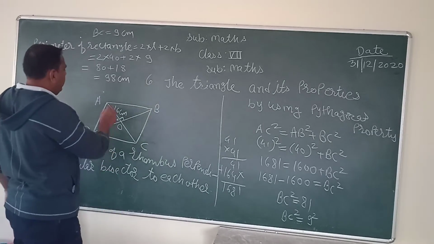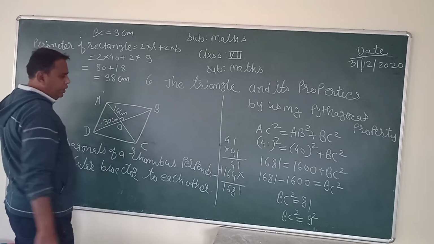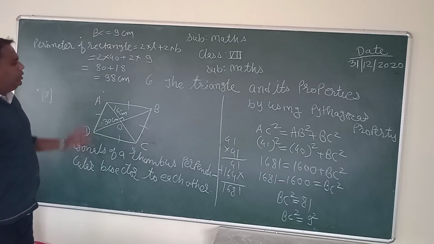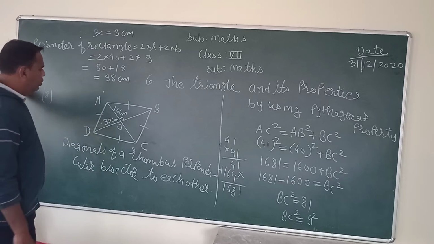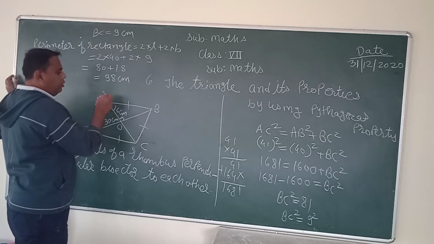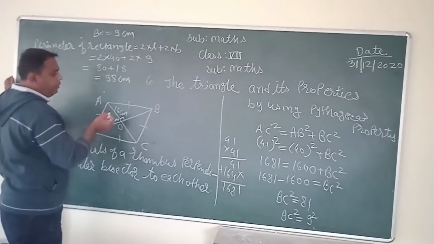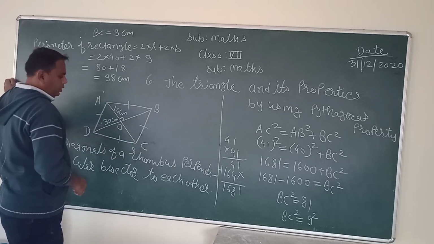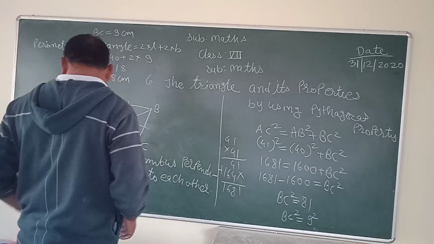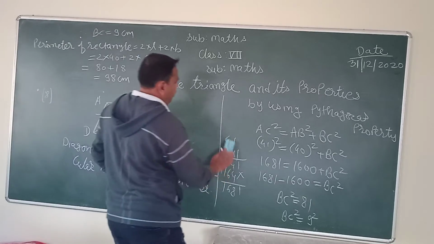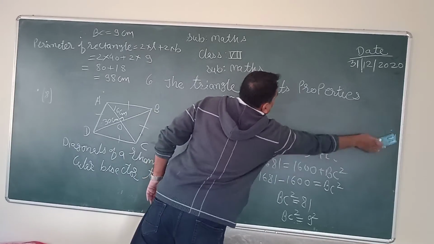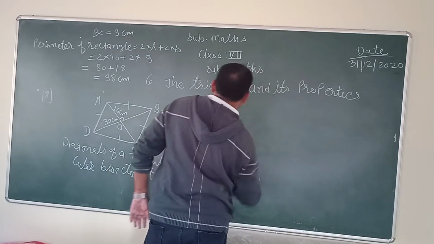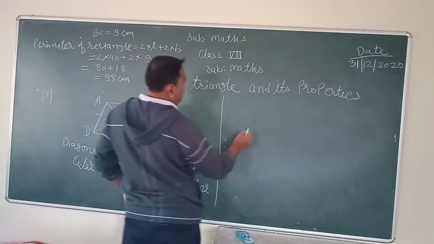We have to find here the perimeter of this rhombus, and we know that in a rhombus all sides are equal. यहाँ पे सब all sides equal होते हैं. So first of all we find here the side of this rhombus. हमें side find करना है. Means this side AB. We find here this first OA.